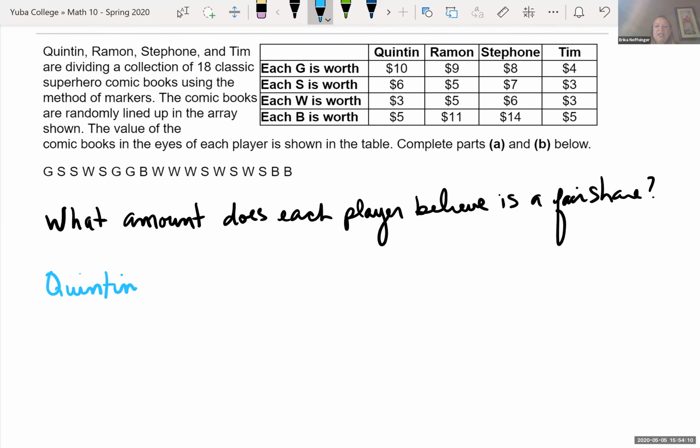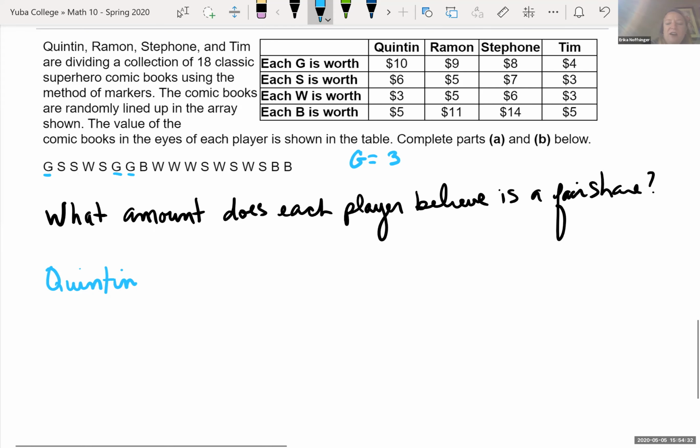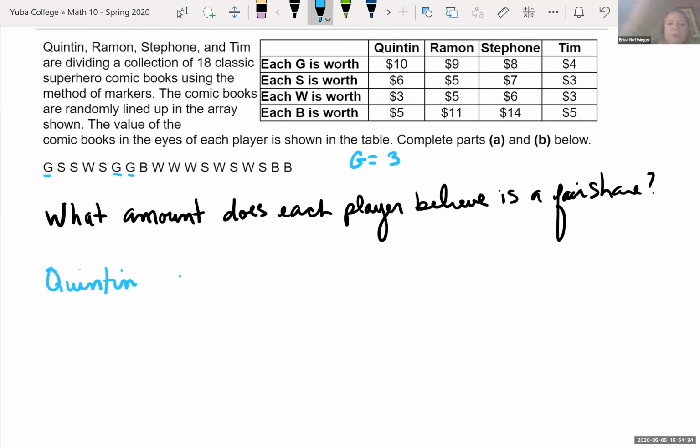Okay, so they believe that each G comic book is worth $10. So let's go through here and see how many G comic books there are. So we've got 1, 2, 3 G comic books. And for Quentin, that's worth $10, so we're going to have 3 times the $10 he believes it's worth.